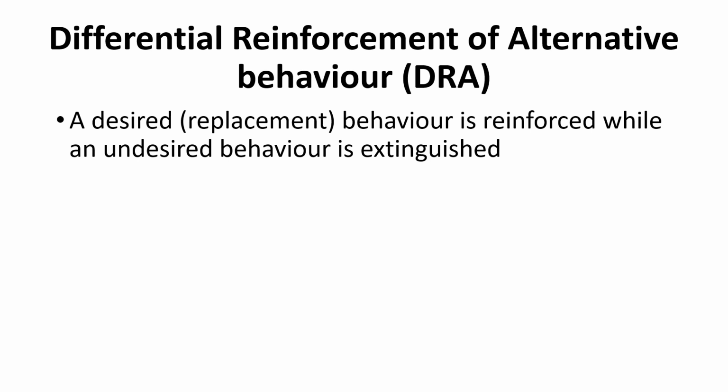So instead of just wanting a reduction in our undesirable behavior, we want an increase or more occurrence of a specific desired behavior. So we have a specific replacement behavior that we want them to be doing instead of that undesirable behavior.